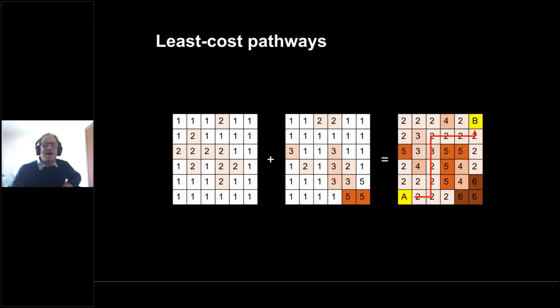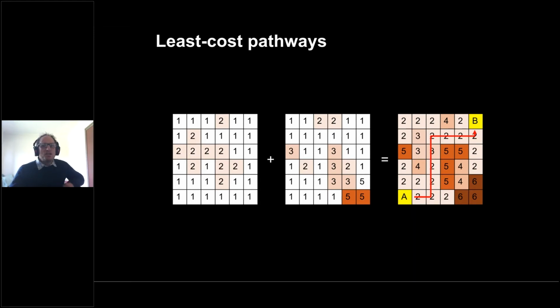So how do we test the influence of these geographic features? Well, thankfully, there's a pretty well advanced area of study called least cost modelling or cost distance modelling. It was originally developed for transportation planning, but it's increasingly used to model the relationship between populations and the geographic context in which they occur.